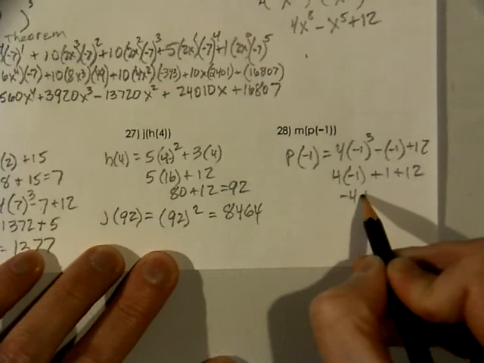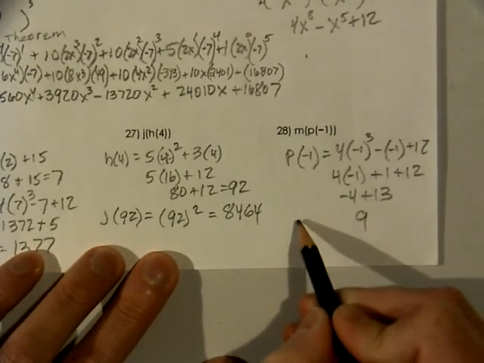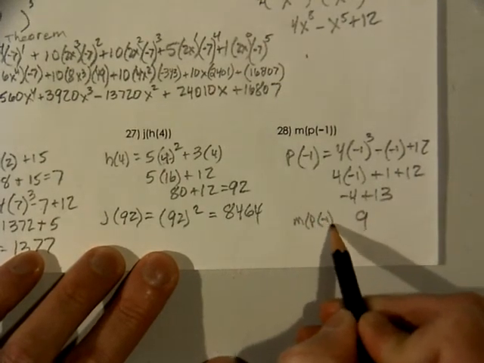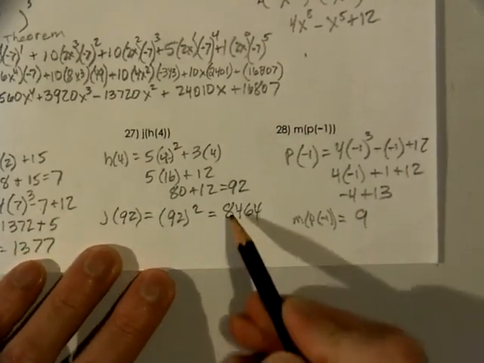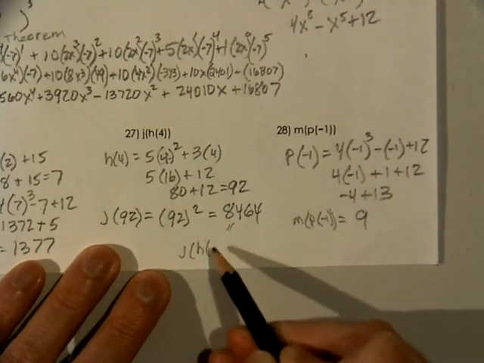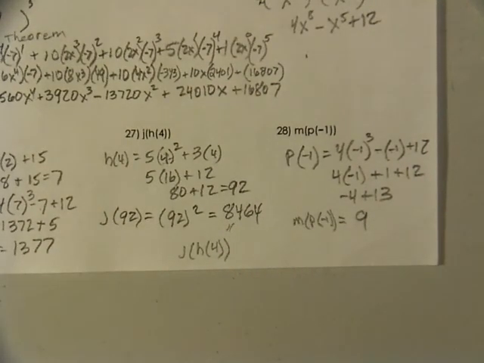So this is negative 4 plus 13. So this is 9. So m of p of negative 1 equals 9. And over here, this was the j of h of 4 equals 8464. Good luck.